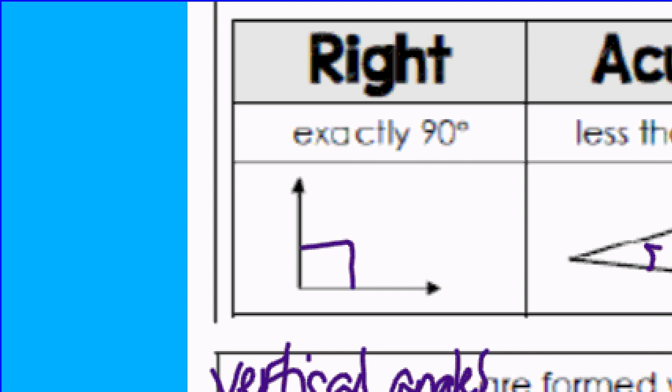Okay? Now, in this particular case, we can say this angle and this angle are adjacent, correct? Let's name them. Angle A, what's the top one? A, E, C, and angle A, E, B are adjacent.